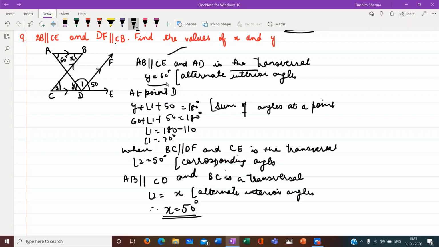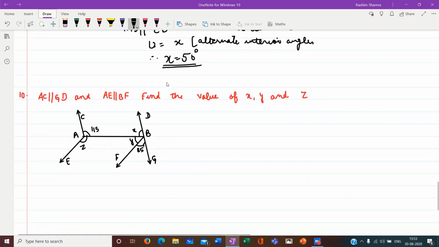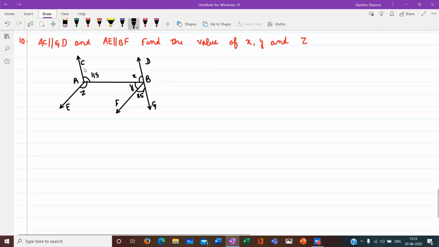Now let us start with question number 10. Here we are given AC is parallel to GD, this line, and AE, this line, is parallel to BF. Find the values of X, Y and Z. Alright, now when we are given this AC parallel to this line GD, and if we take this as a transversal, this is AB.